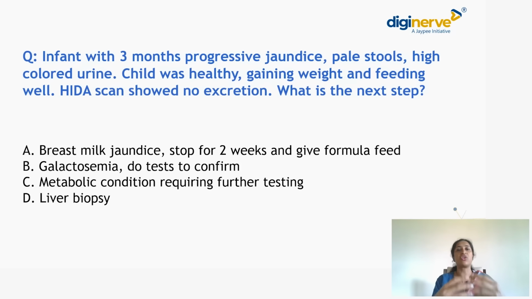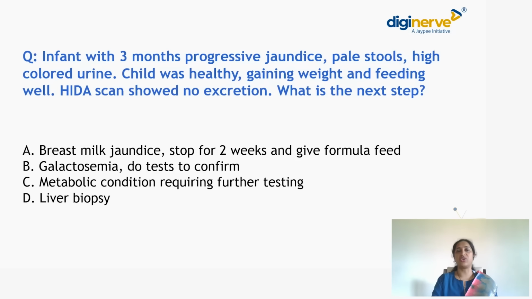So this child is not having excretion of bile into the intestine, so there is accumulation of conjugated bilirubin in the blood, which is reflected as jaundice and is also excreted in the urine as high colored urine. So this is a case of obstructive jaundice, which is what the HIDA scan has shown. No excretion means the dye is not excreted into the common bile duct and the intestine. So what is the next step?